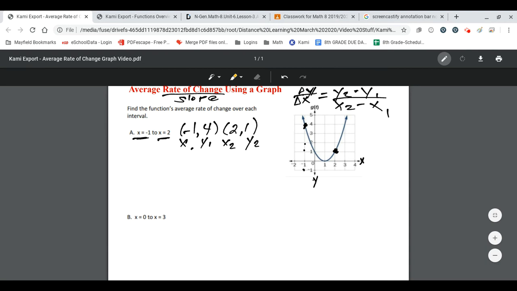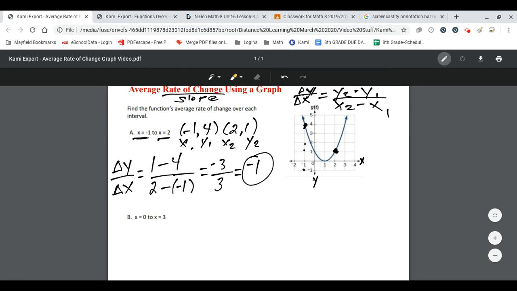So I'm going to do the change in y over the change in x, y2, which is 1, minus y1, 4, over x2, 2, minus x1, which is -1. 1 minus 4 is -3. 2 minus -1 is 2 plus 1, which is +3. And -3 divided by 3 is -1. So my rate of change is -1.